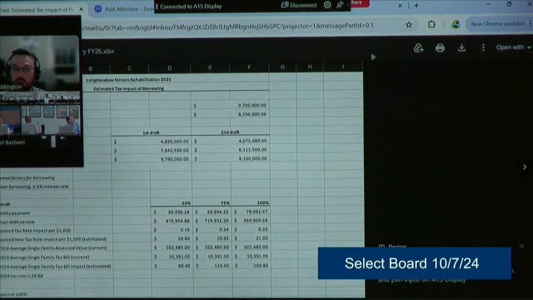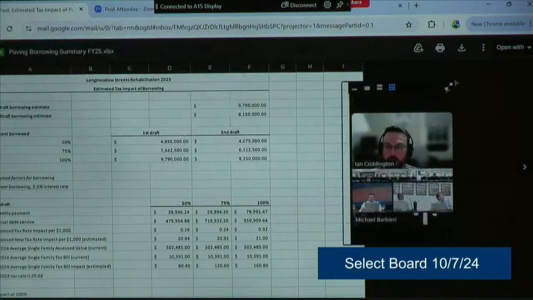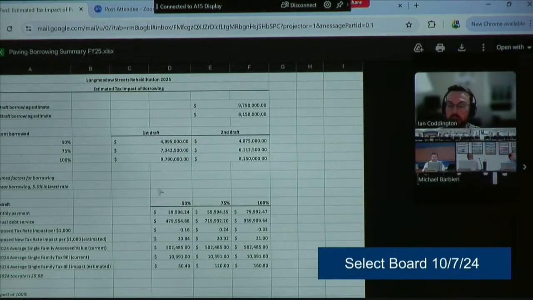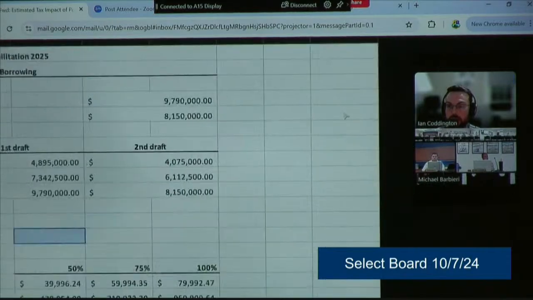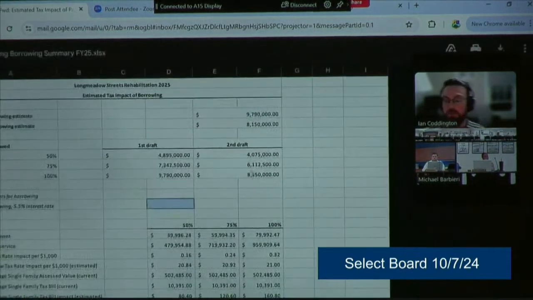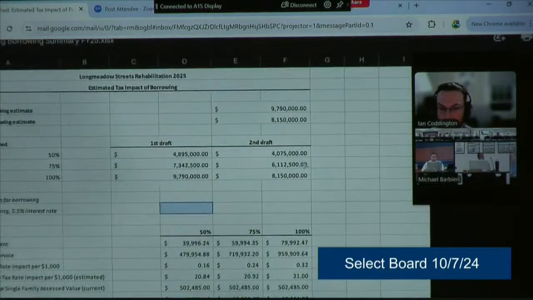Perfect. So with the two draft amounts, I tried to give an idea as to if we were to borrow, say, 50%, 75%, or 100% of the two different estimates, and what that would look like in terms of monthly payment, annual debt service, and estimated tax impact. Thank you, Mike. Good.